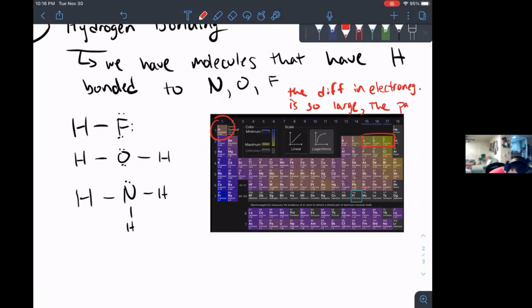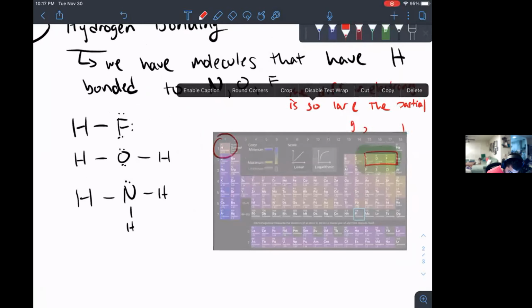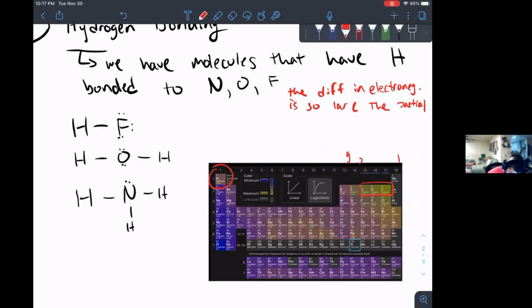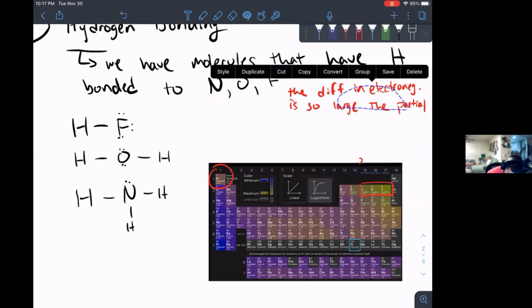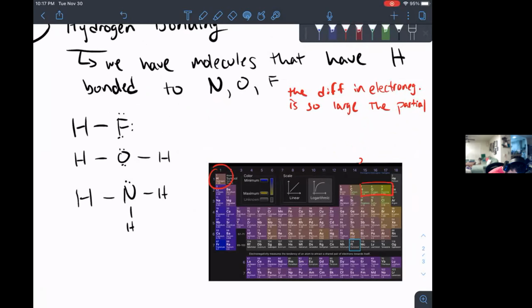the partial charges become really large as well.